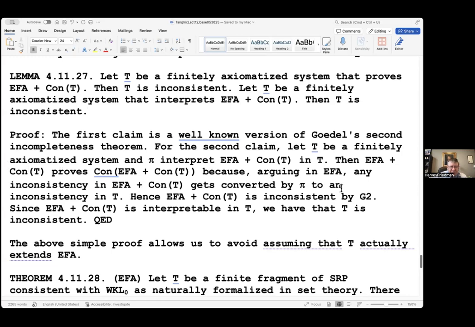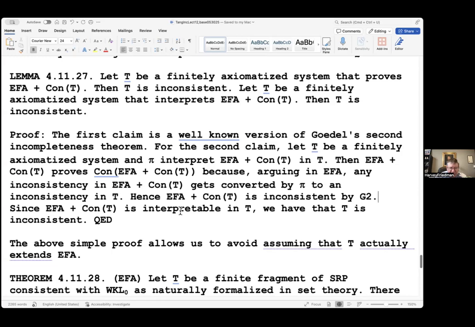The second one: assume that T interprets EFA plus con T, that we can interpret it in T. Then EFA plus con T proves con of EFA plus con T, because arguing in EFA, any inconsistency in EFA plus con T gets converted by the interpretation to an inconsistency in T. So therefore, EFA plus con T is inconsistent by Gödel's second theorem.